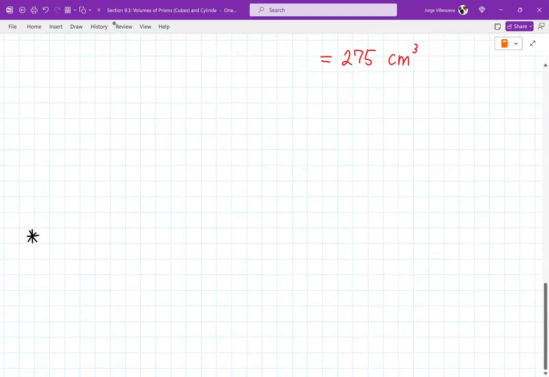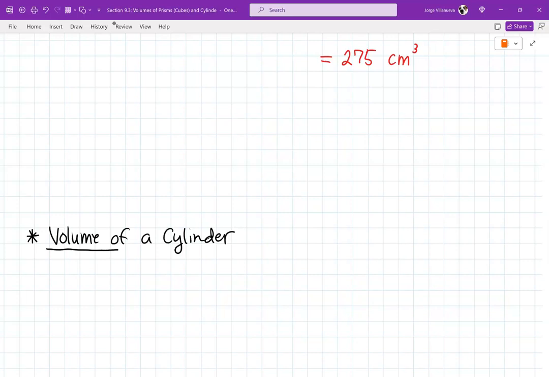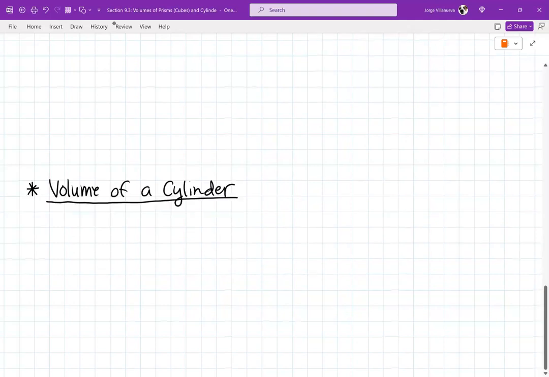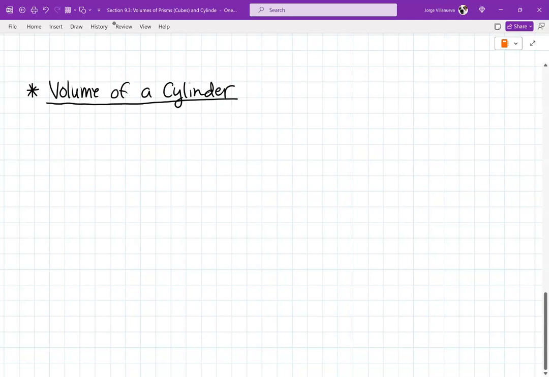So, volume of a cylinder. Now cylinders can appear upright or sideways. It kind of depends on what they want to do. So it could look like this, or it can look like this.